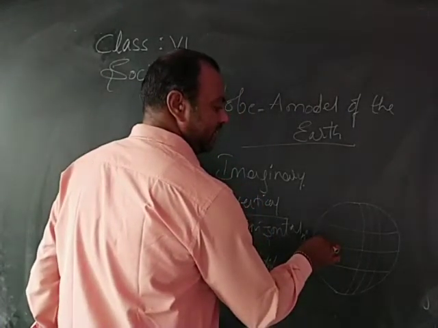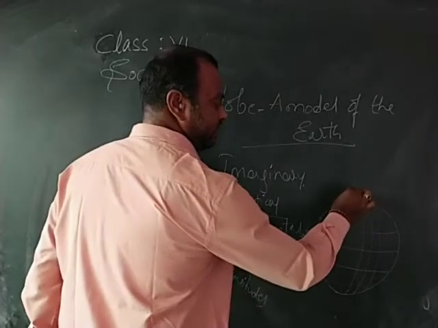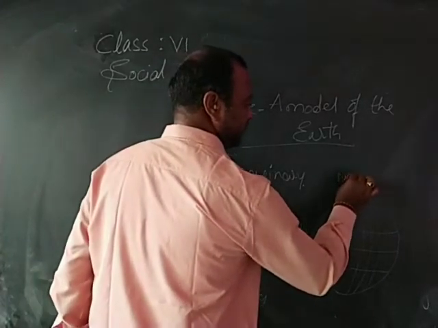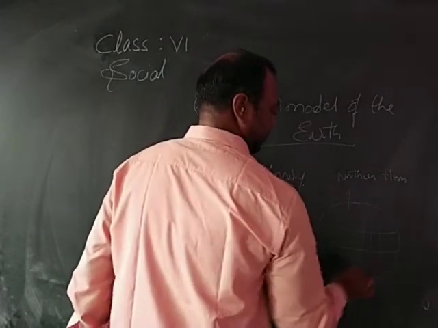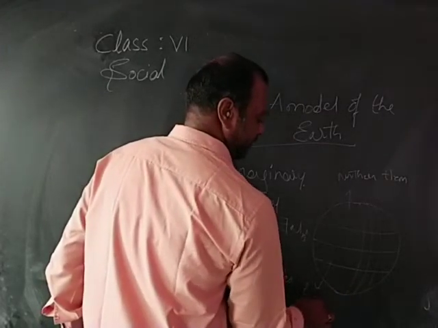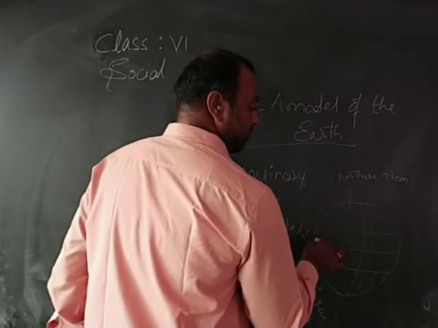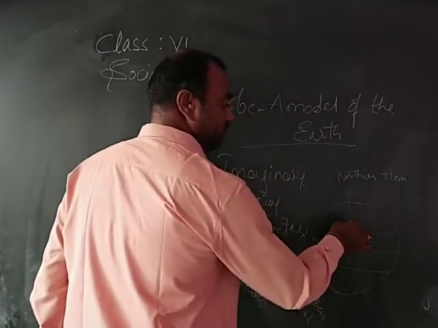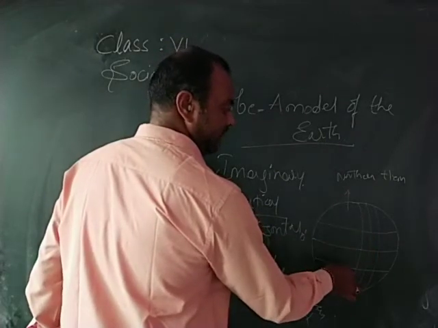This divides the globe into 2 equal halves. The upper part is called the northern hemisphere because it is located on the northern side, and the bottom part is called the southern hemisphere. So the 0 degrees latitude divides the globe into 2 equal halves: one is the northern hemisphere, the other is the southern hemisphere.